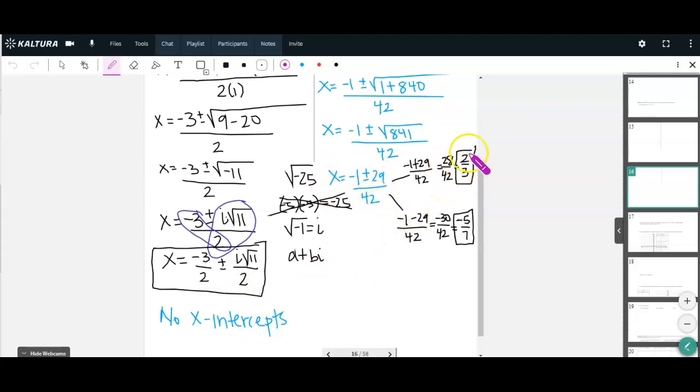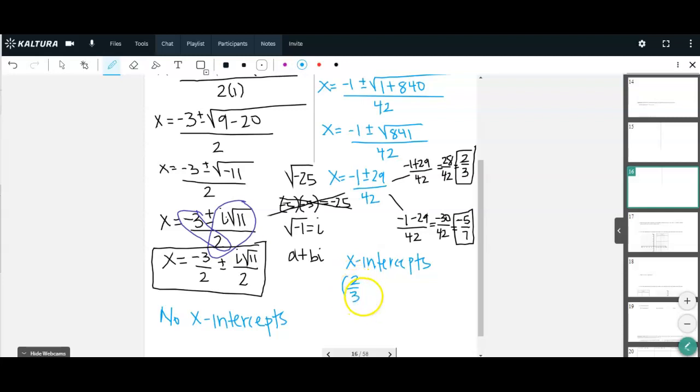So our x-intercepts on this one, I'm going to write it down this way. I'm putting 0 in place of y, and then solving, so I'm figuring out what my x's are.